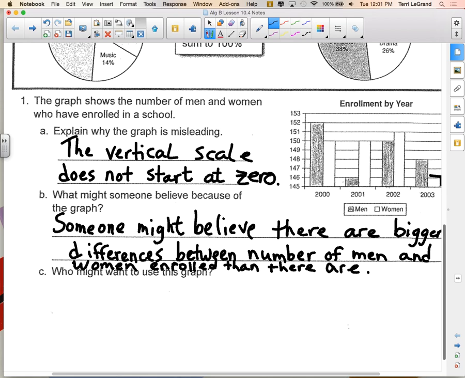Differences, so I'm gonna use plural are. Okay, someone might believe there are bigger differences between the number of men and women enrolled than there are.